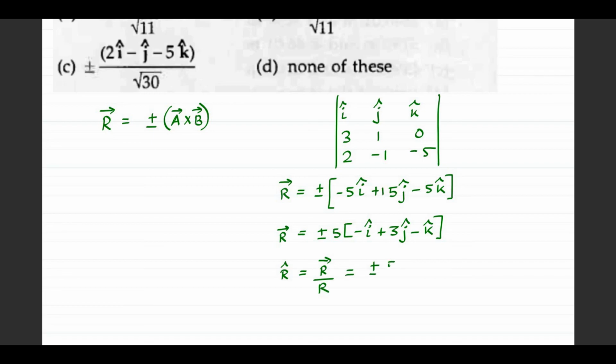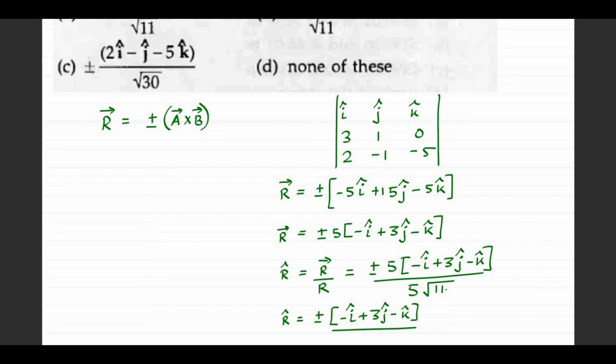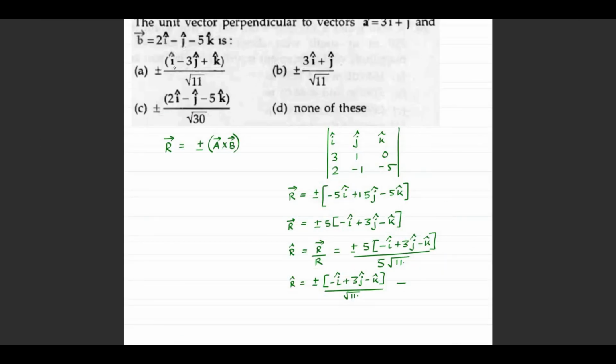So it will be, modulus will be, unit vector then will be, if you rearrange this a little bit, since it's a plus minus, it will not matter much. It then matches with option A.